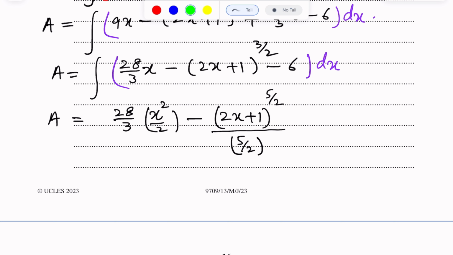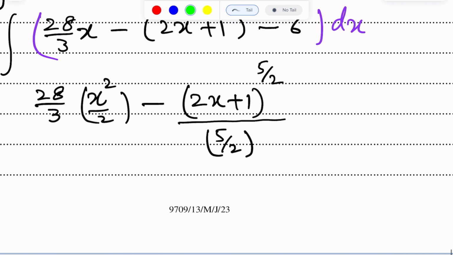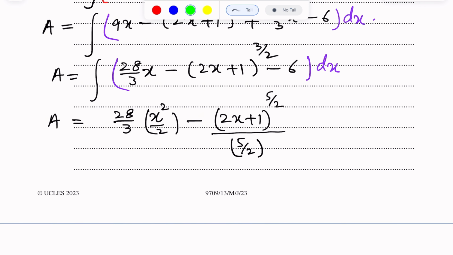Now in the denominator we will multiply by the differentiation of the inside of the bracket. 2x plus 1, differentiation of this is 2, so we write here 2, and the integration of 6 is 6x.